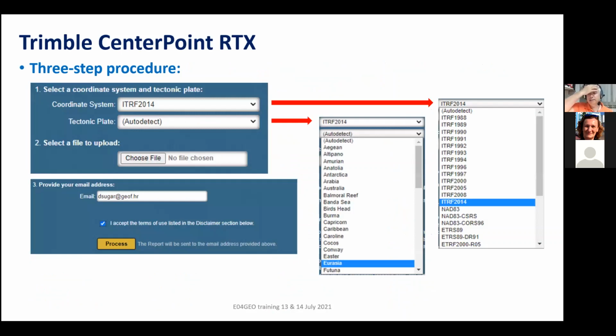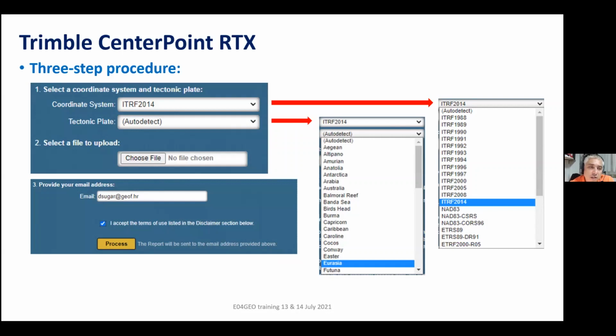So let's see how the Trimble CenterPoint RTX works. There is a three-step procedure. The first one, you have to select a coordinate system and tectonic plate. You can see the list. The default option is the ITRF 2014. But if you click, there is a pop-up list, and you can see there is a number of coordinate systems.